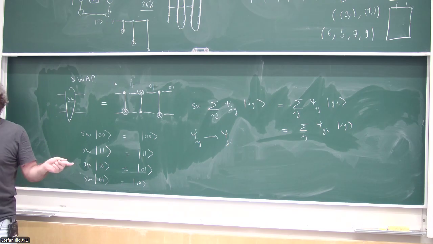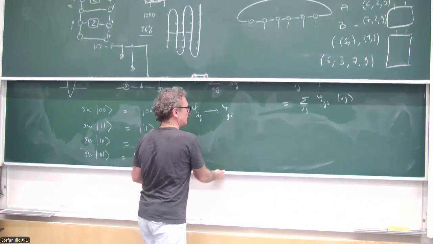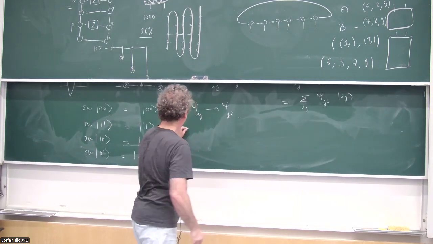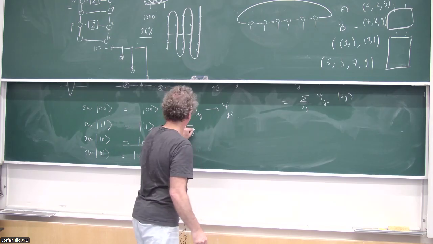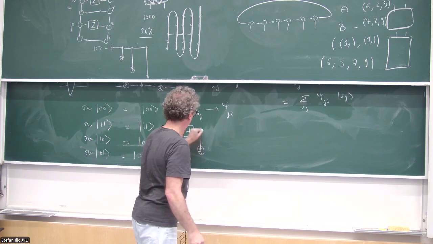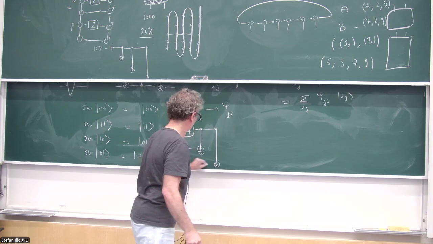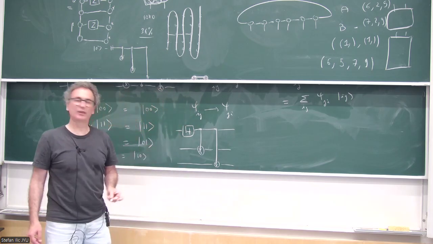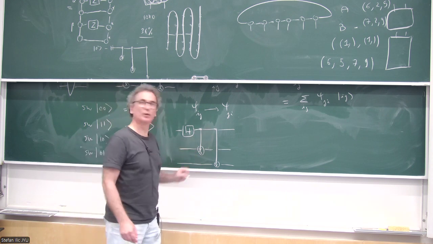Good. Well, now if I have the swap, I can pretty much do anything I want. So for instance, let me take my favorite circuit again. I want to do my GHZ. This one I can do. This one is nearest neighbor, I can do. But this one I don't know how to do.